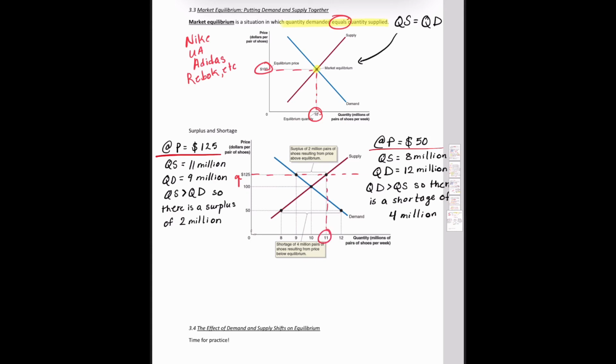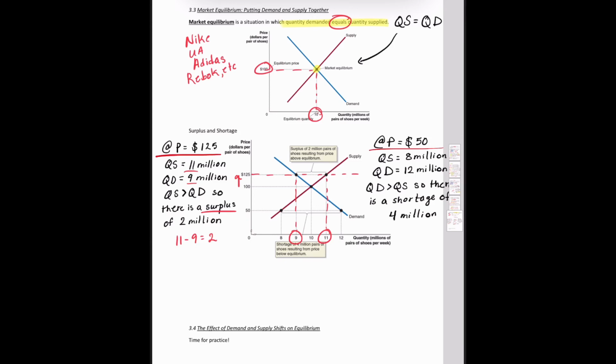Quantity supplied is 11 million. In order to find quantity demanded, we have to use the blue demand curve and drop straight down to our x-axis, and we have a quantity demanded of 9 million. So since quantity supplied is greater than quantity demanded, we see a surplus of 2 million pairs of shoes. So 11 minus 9 equals 2. That's where we see our 2 million surplus.